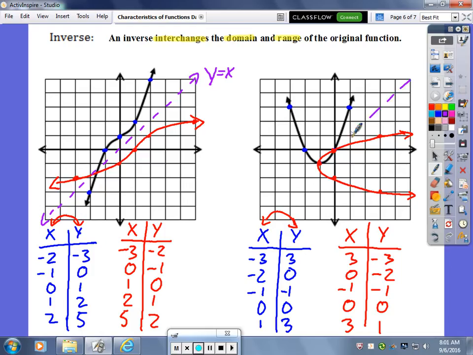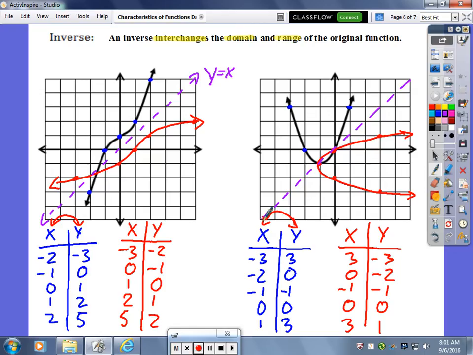If you draw in your diagonal, you see two of these points, also points on the original graph, were directly on the diagonal. That means that they remain the same for our inverse curve. And that's what you see clearly as you graph in the diagonal. And the rest, you can again see that the red curve is reflected along that diagonal from the black curve.